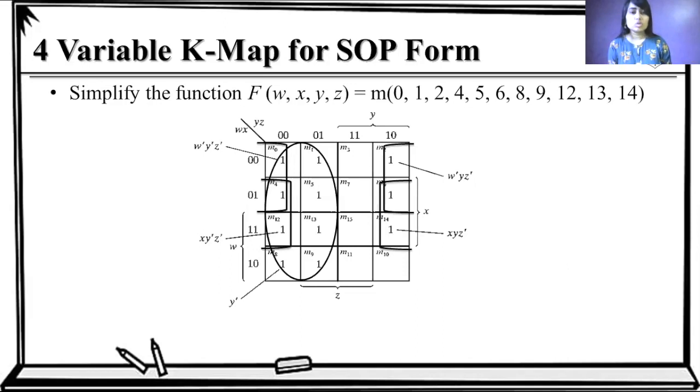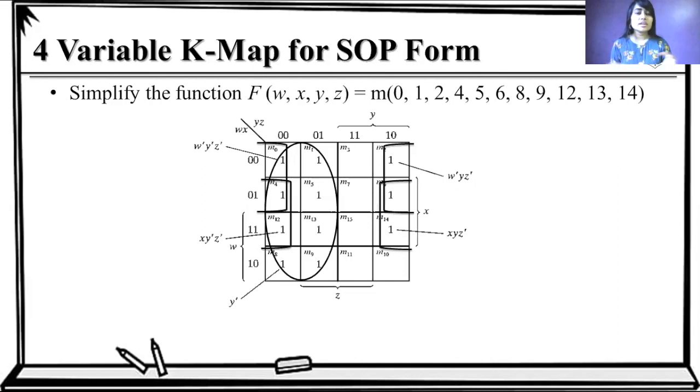So we have a group of 4, and for this, in the horizontal direction we have a common term w', and in the vertical direction we have a common term z'.